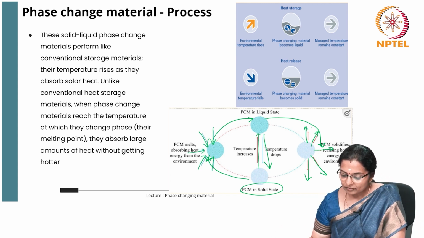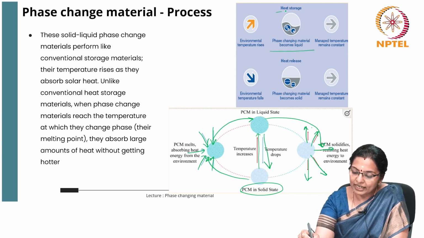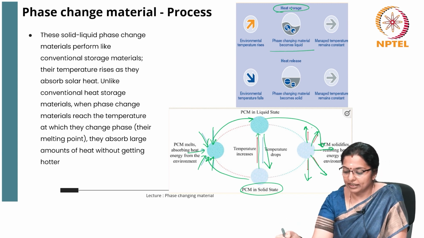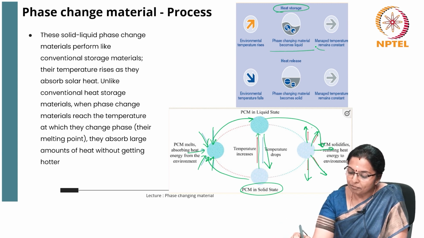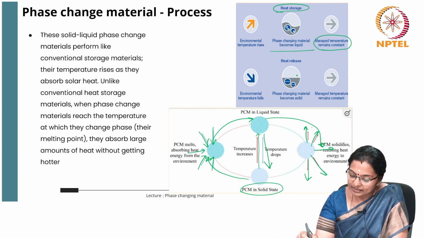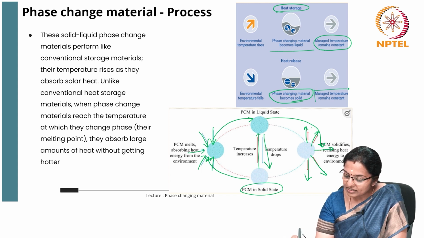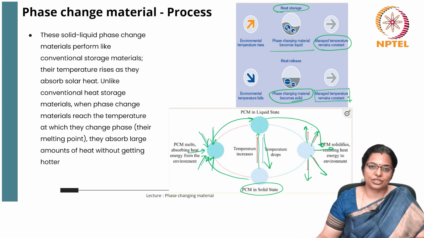So, the phase changing material becomes a liquid when it has to store the heat, and it manages to keep the temperature constant. When heat is released, the phase change material becomes solid or crystalline, but it manages to keep a constant temperature.